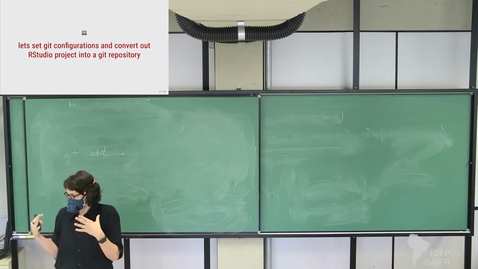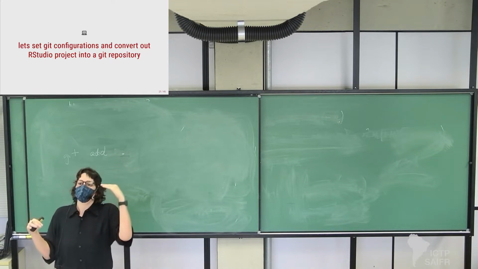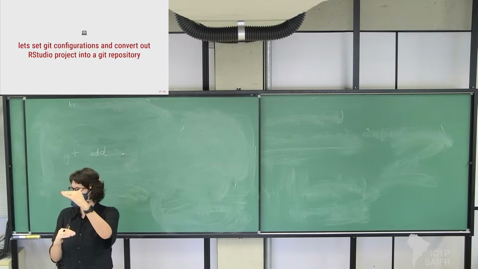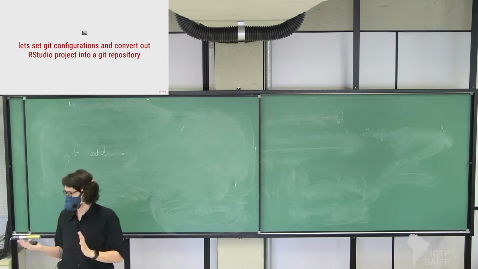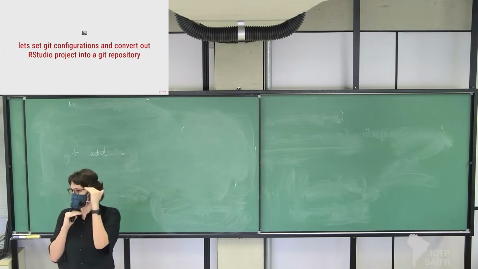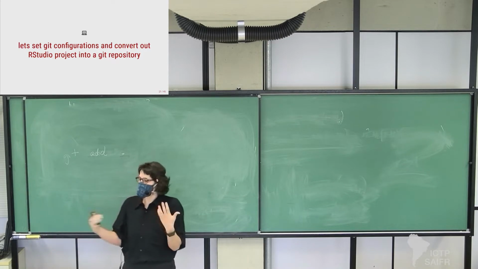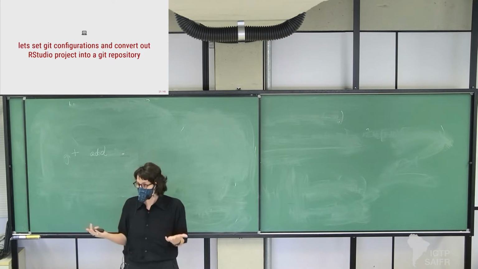I would add the script, the output, and the modification in the manuscript in the same commit, for instance. I would add, and that is a block. That is a version that I want to mark. So it really depends on your workflow and how you want to do that.